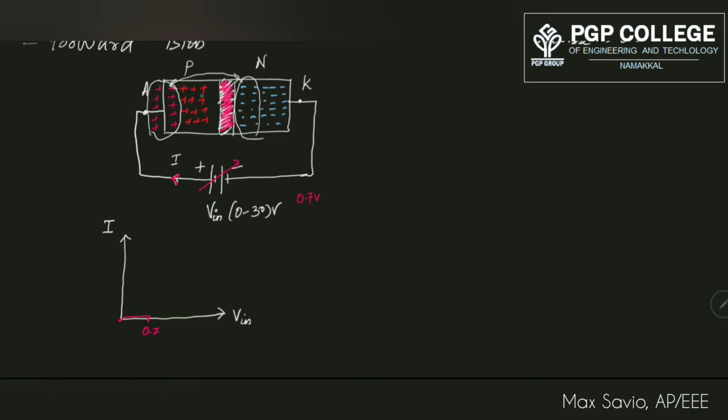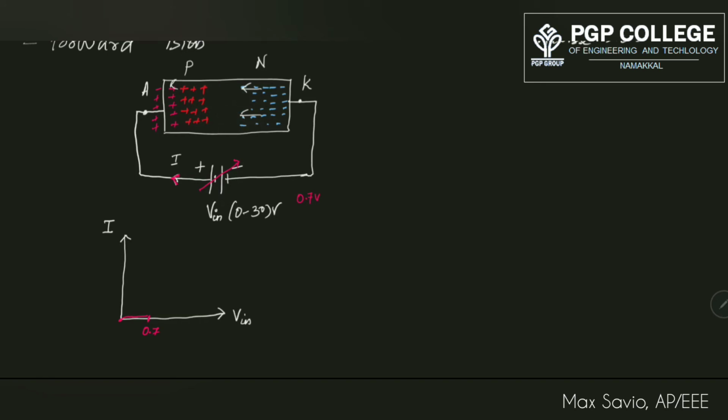The holes and electrons try to break this barrier because they are attracted. The force at this point pushes the positive holes to the other side and the electrons to move to the other side. Due to the force created, the barrier breaks.